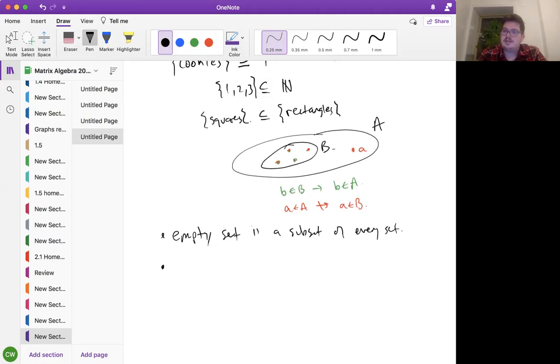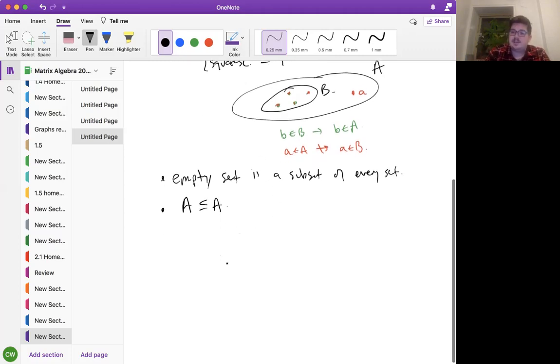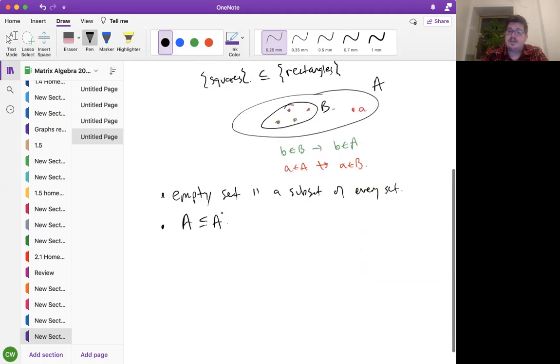And so, A is a subset of itself. So A could equal B. Oh yeah, so that's exactly this. So the subset could be itself, because that still obeys the definition, right?